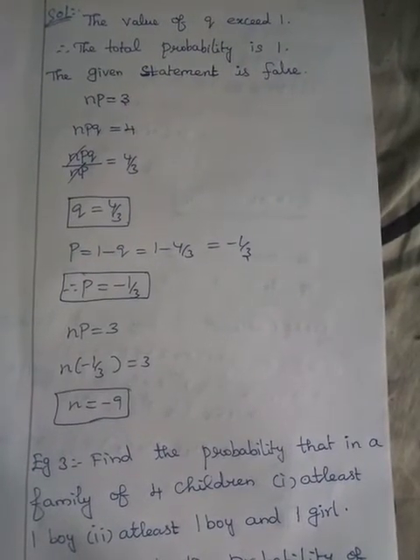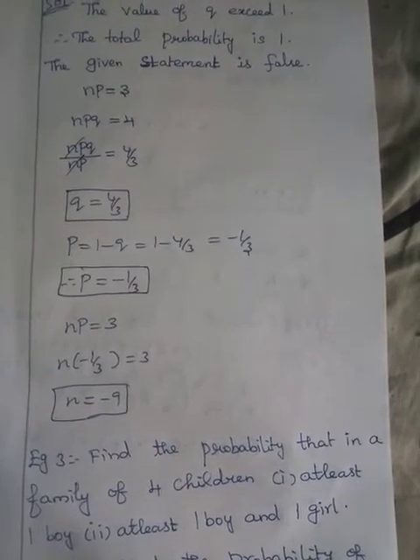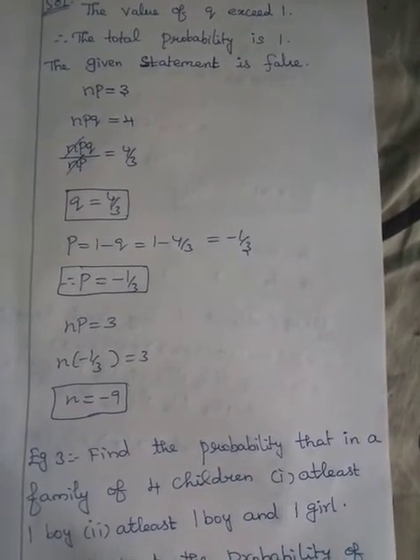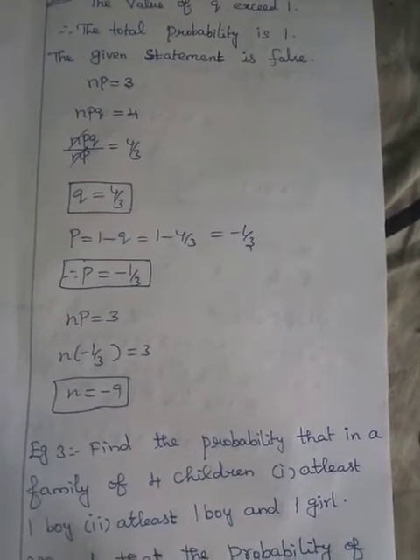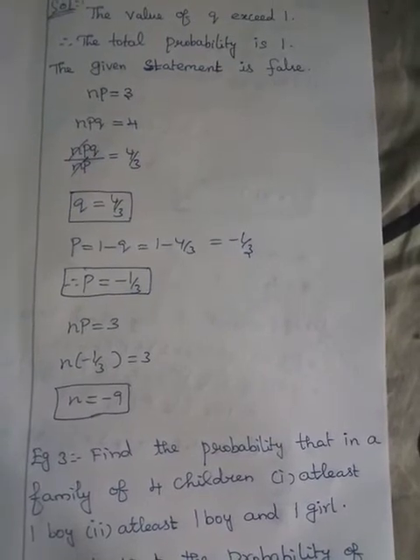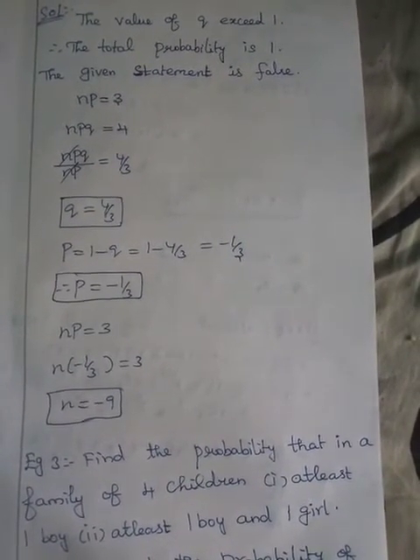The given statement is false, so np equal to 3, npq equal to 4. np means mean value, npq means variance value.